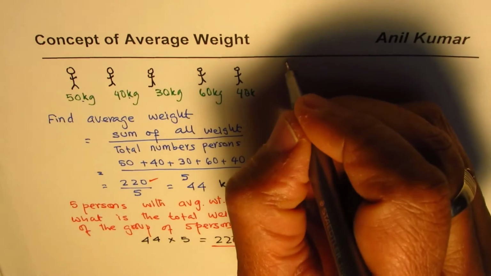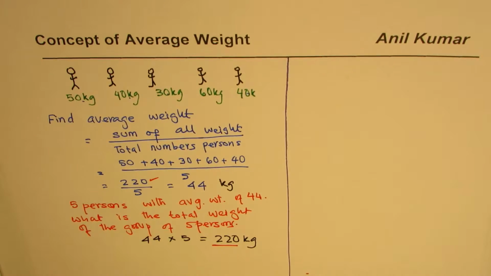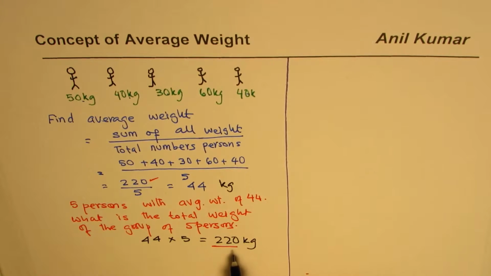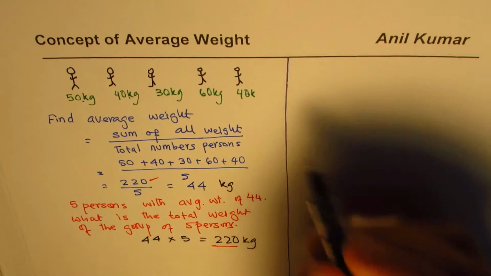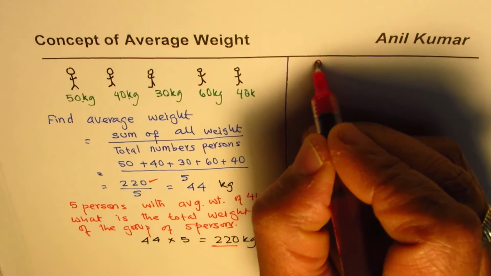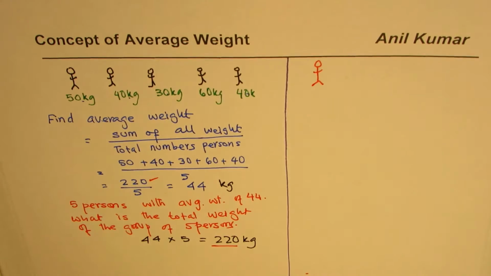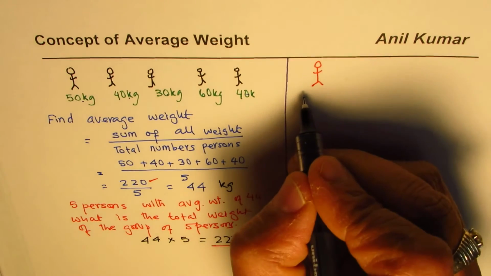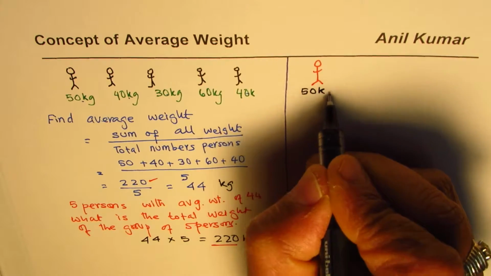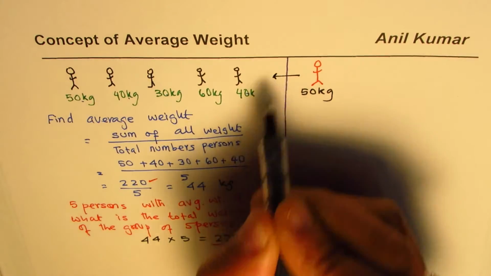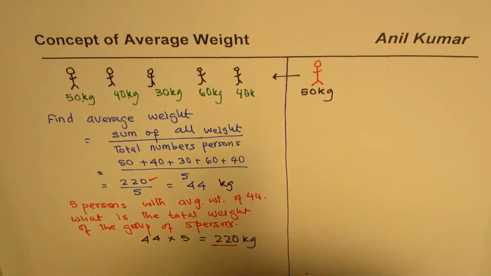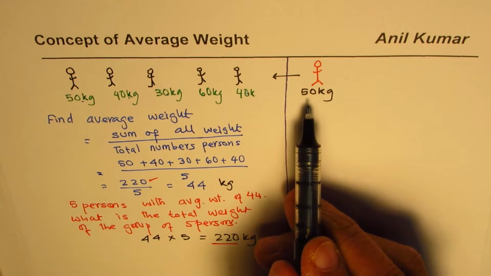Now if I add a person to this group, then will the average weight change or not? It really depends on the weight of the person being added. So let us say we have 5 people and we add a person to this group, and the weight of this person is, let us say, 50 kg. Then will the average weight increase, decrease, or remain the same?